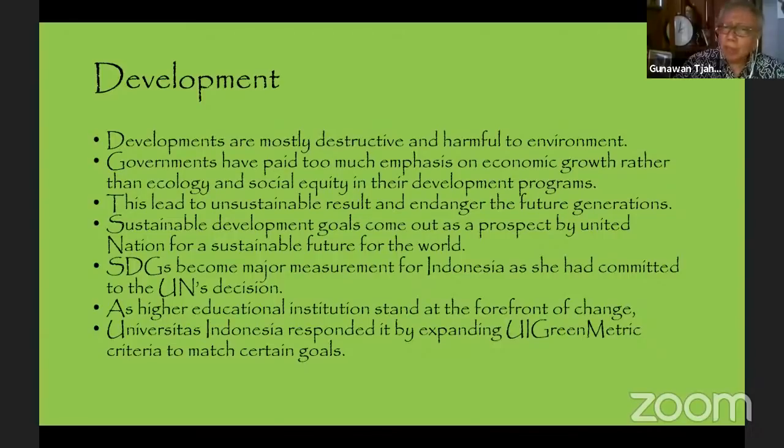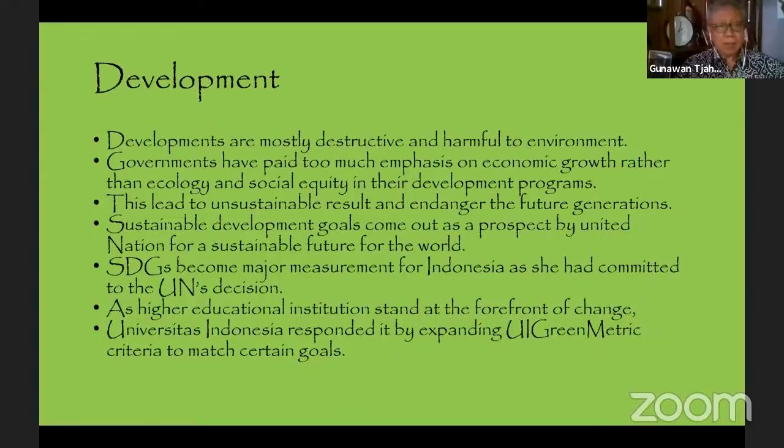So the Sustainable Development Goals came out as a prospect by the United Nations for a sustainable future for the world. SDGs, Sustainable Development Goals, become a major measurement for Indonesia as she had committed to the UN's decision.